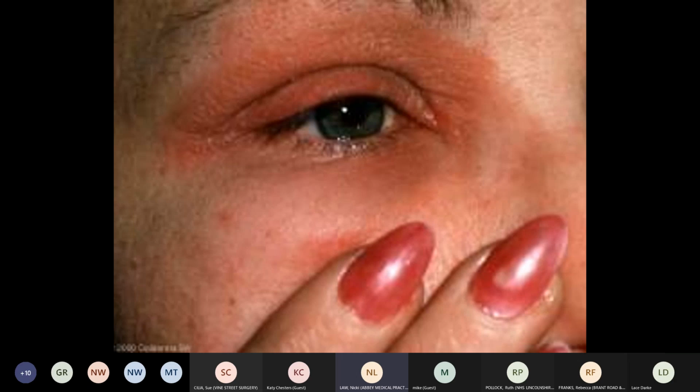Nikki, would there be any argument if someone said, but I use a moisturiser regularly anyway on my face, do I just use that more, like an Oil of Olay or something like that? Would that have a similar effect? Yeah, possibly. I wouldn't discourage people from using things that they normally use.